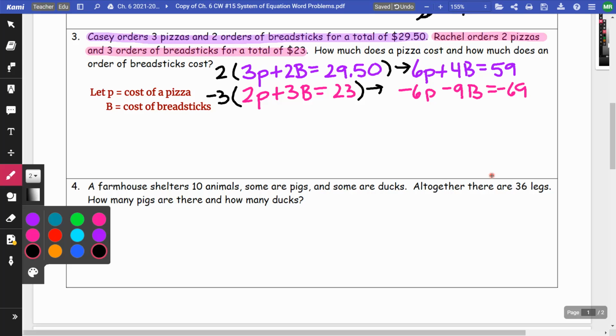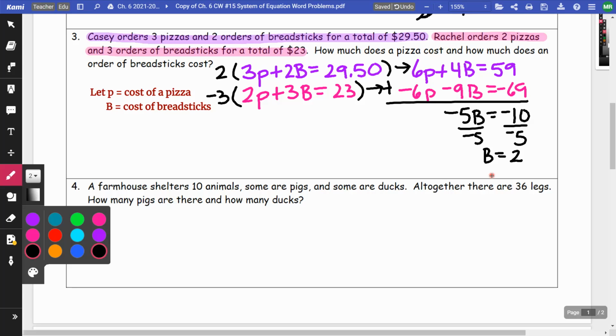I'm going to add these 2 equations together. My P's cancel out. I get a -5B is equal to -10. I divide by a -5, and an order of breadsticks is $2.